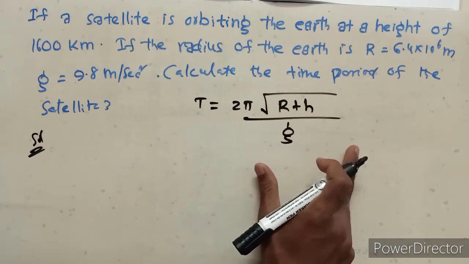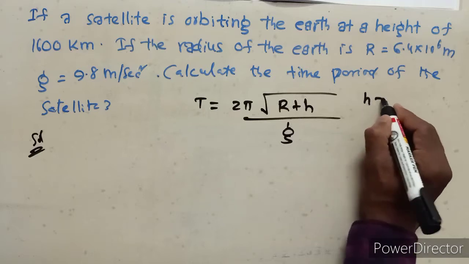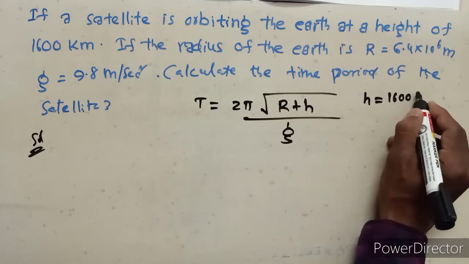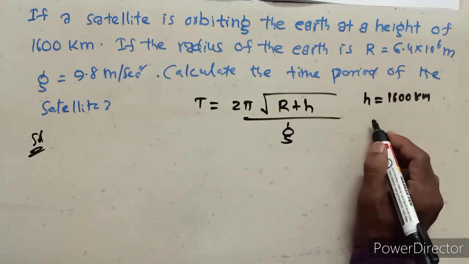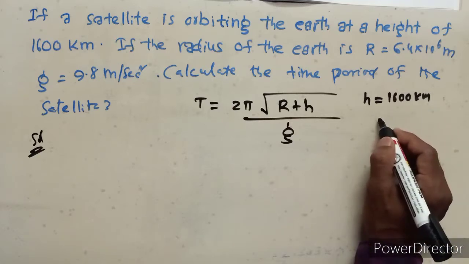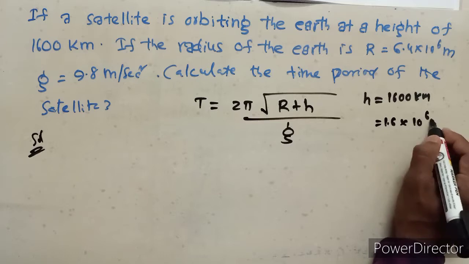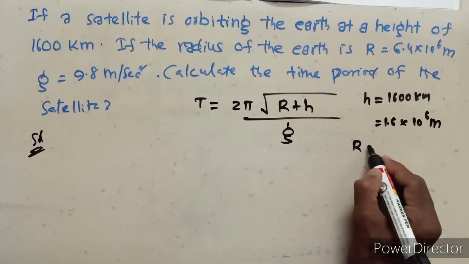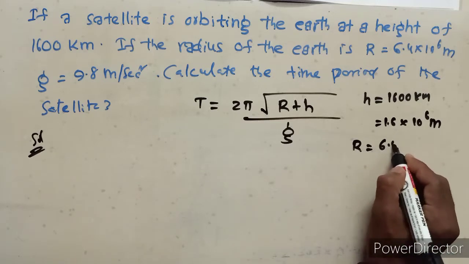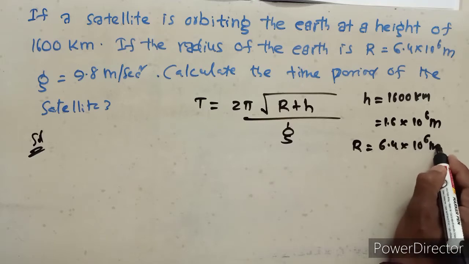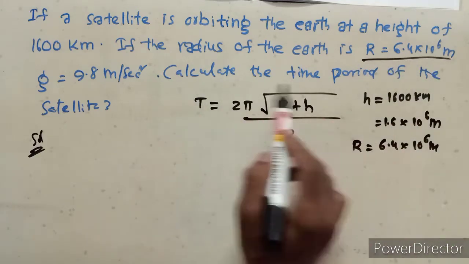What is the given data? Given h equals 1600 kilometers, which equals 1.6 into 10 to the power of 6 meters. Radius is 6.4 into 10 to the power of 6 meters.